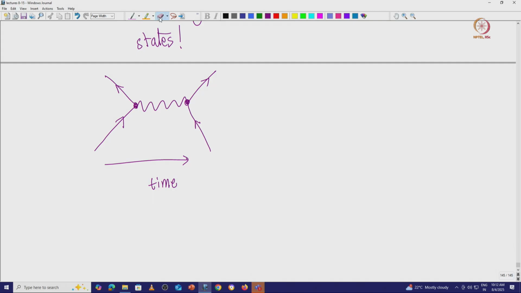Time is in this direction. And so this is an electron E minus, it goes out in this direction. So, there is an electron which comes in and interacts with a photon, and this electron goes out.